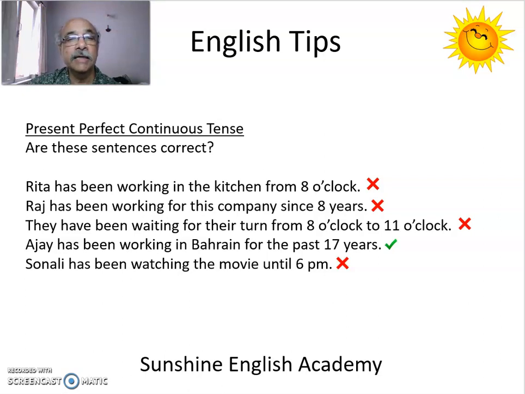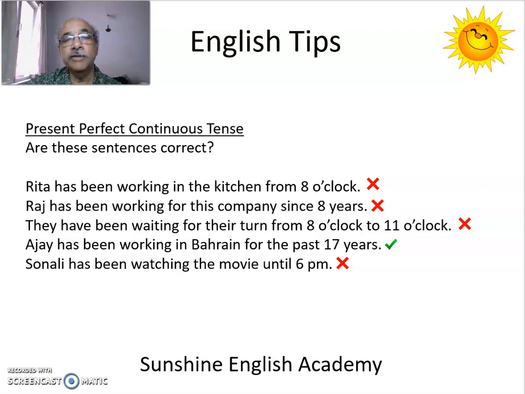The first one, Rita has been working in the kitchen from 8 o'clock. It is incorrect only because the preposition used here is incorrect. The correct preposition should be since. Rita has been working in the kitchen since 8 o'clock.